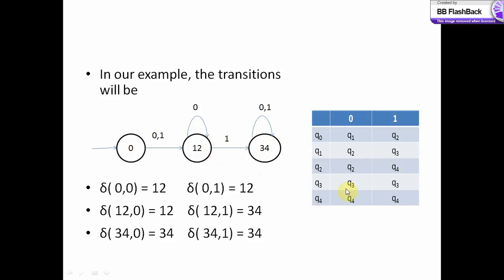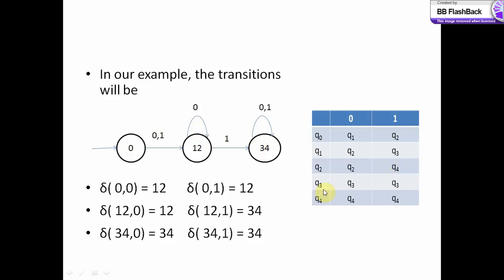Similarly Q2 on 0 goes to Q2, which belongs to state 1, 2, so on reading 0 it remains in the same state. Q2 on 1 goes to Q4.